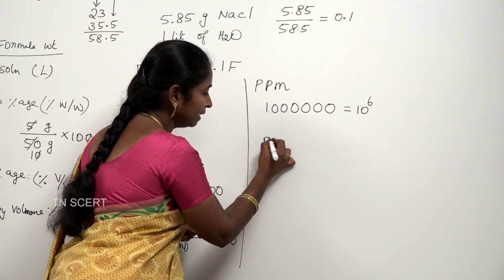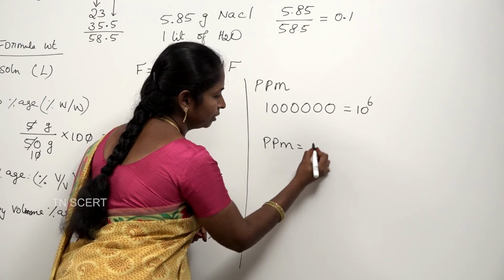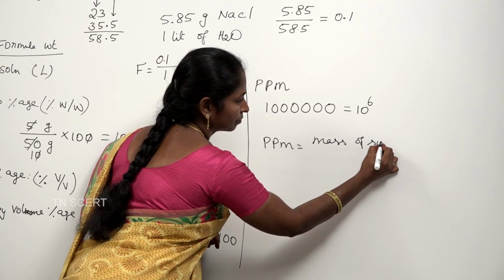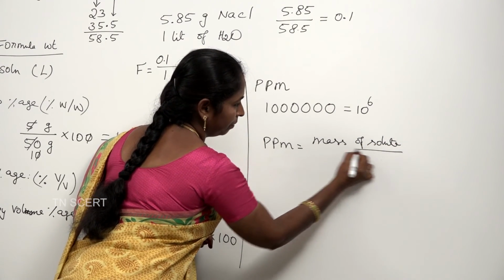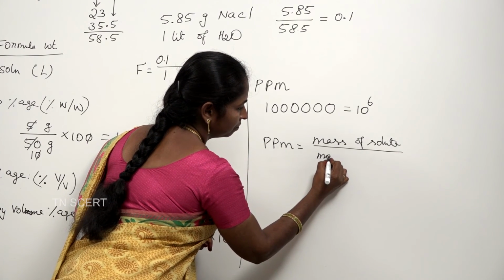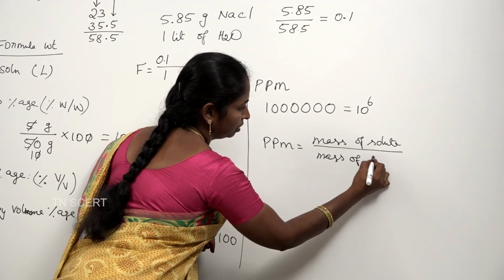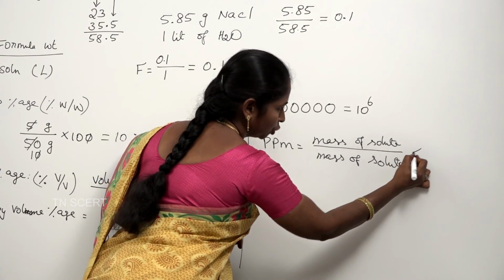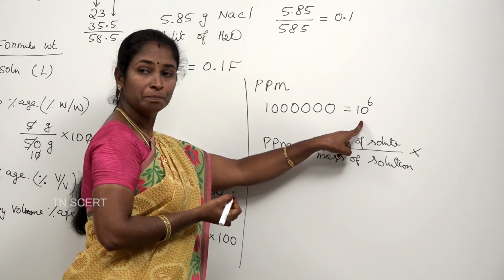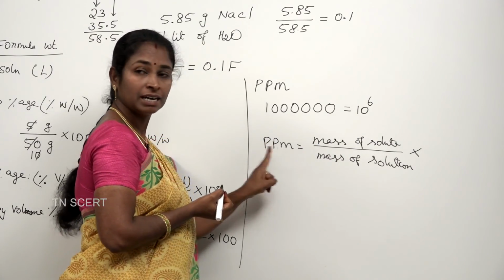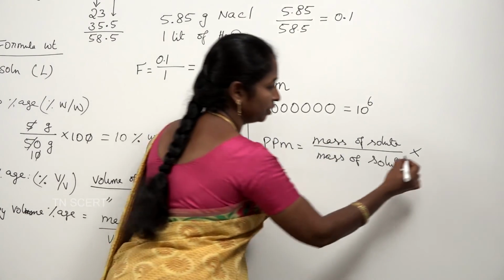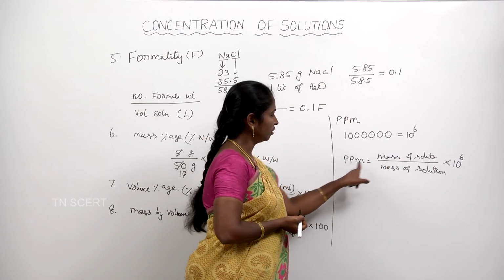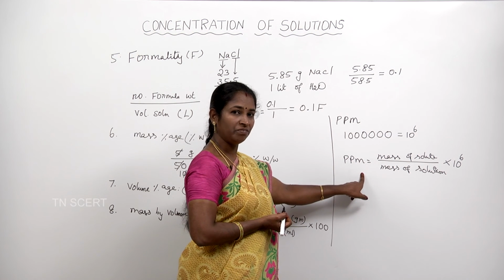So, parts per million, that is ppm, is equal to mass of solute divided by mass of solution. It should be multiplied by this million, then only you can get how many parts per 1 million. So, into 10 power 6, which will give you ppm value.